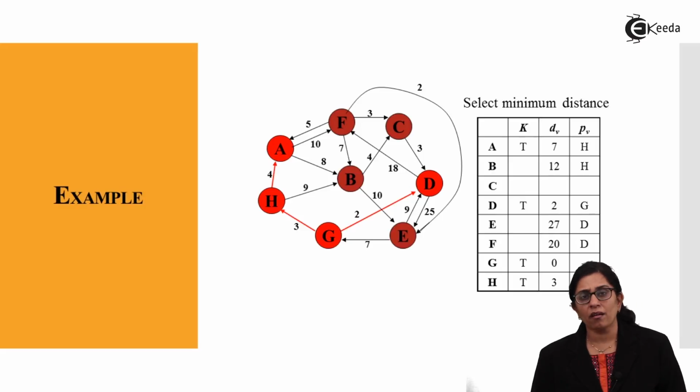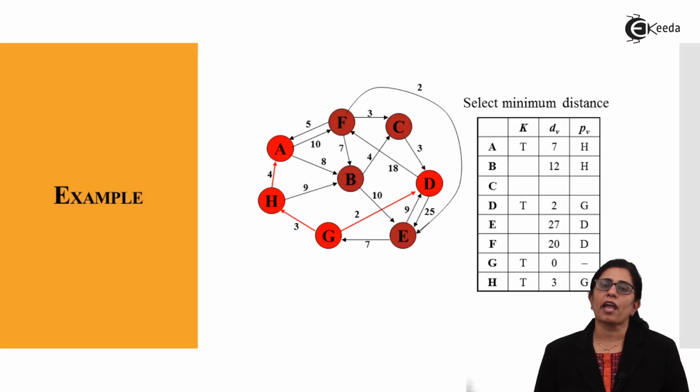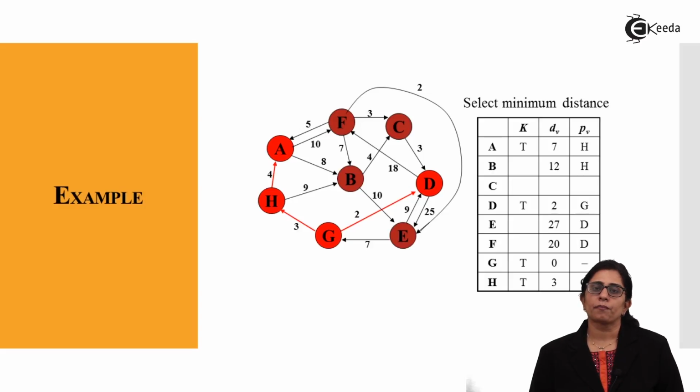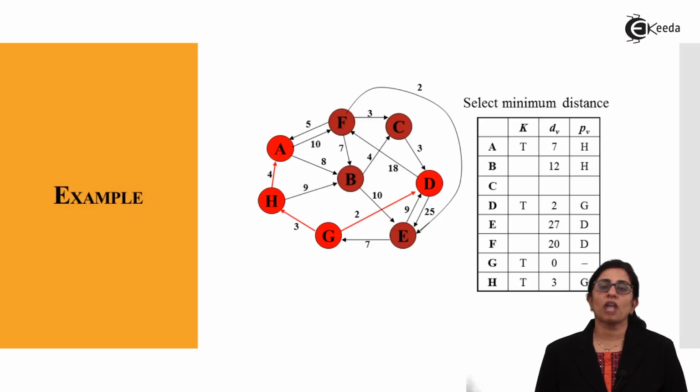And from A, I can even traverse to F. If I traverse to F, the edge weight between A and F is 10, and the distance travelled to reach A is 7. So 10 plus 7 makes it 17. So what do we do?